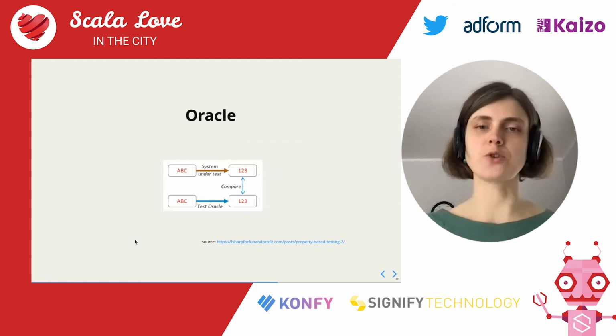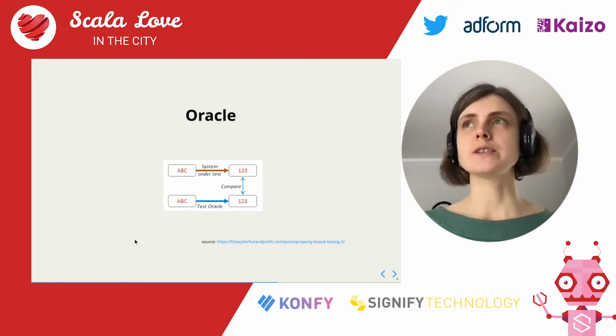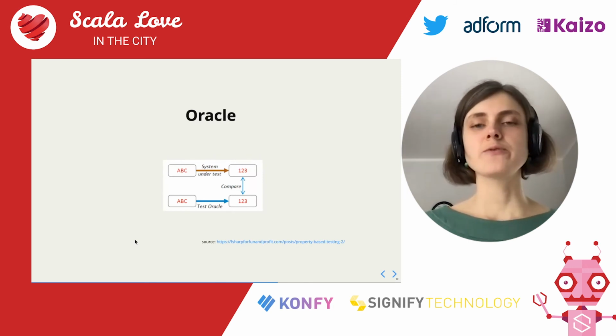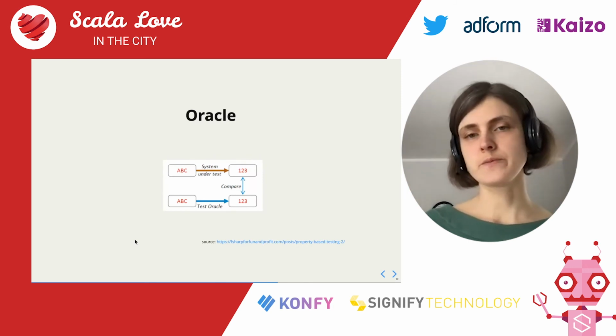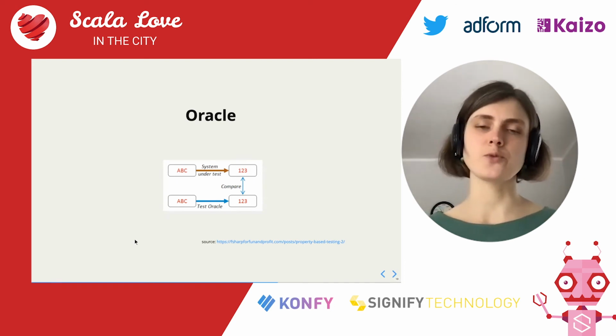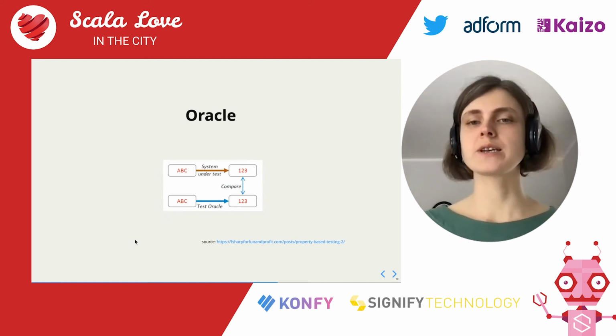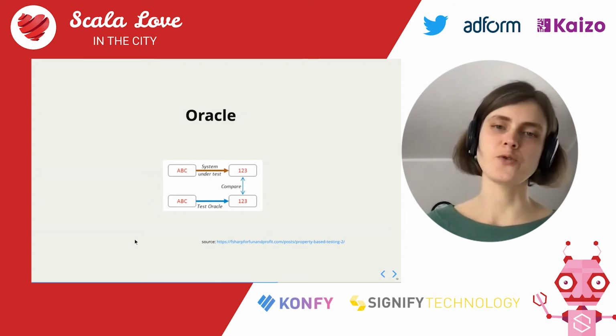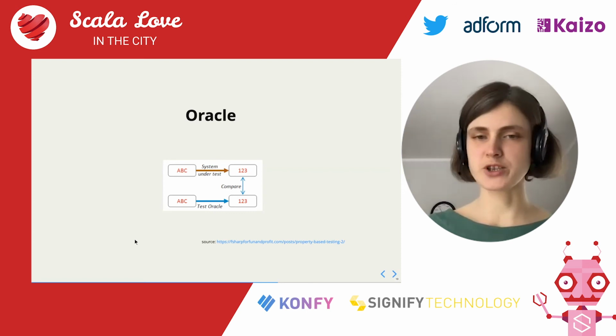The first one is Oracle. So not in a company name, but as in a person who knows everything. If you have a reference implementation somewhere, you could use it to compare to the result of your method. So for example, in my experience, I used to have some reference implementation of financial calculations in a spreadsheet.